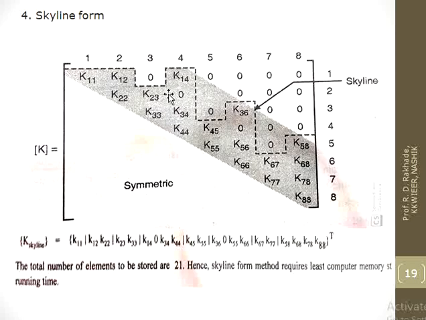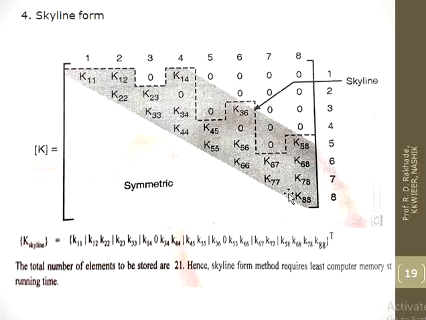Then next this zero we can't neglect because it is present after a non-zero value, so we can't neglect this. Then similarly k34, k44, after that this is 0, this is 0, we neglect these, consider k45, k55. In this way we consider only non-zero values from the band.